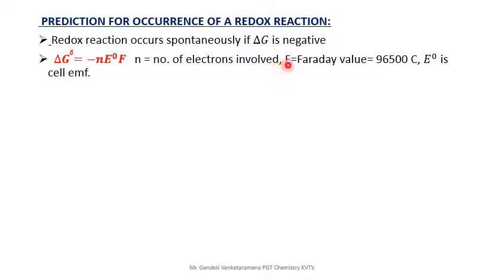F is Faraday, the F value is 96,500 coulombs. What is E naught here? E naught is the EMF of the cell. Delta G naught equal to minus n E naught F is a very important formula. You have to remember that formula. You have to practice that formula. Clear?